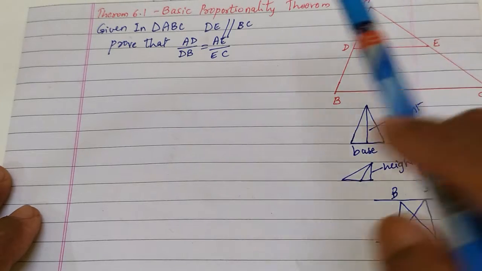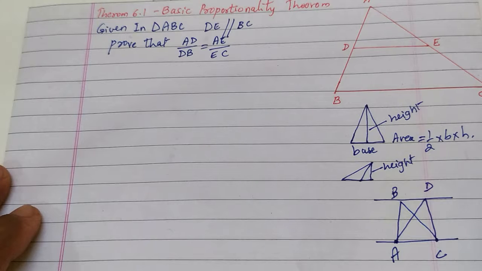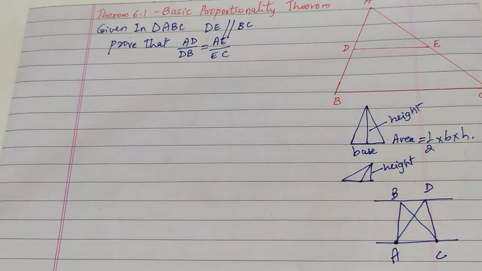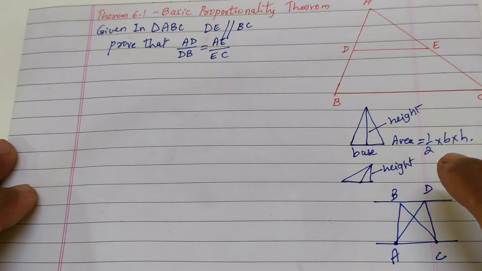So we will see the basic proportionality theorem, or Theorem 1, also called the Thales theorem, because this is a very important thing related to exercise 6.2.